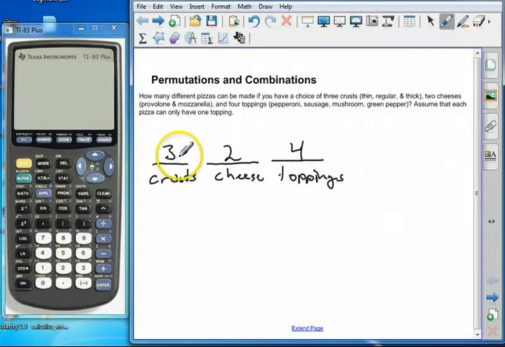Now if I take one of these, it can work with either one of these 2 cheeses, and either of these cheeses can work with any one of these 4 toppings. So what we're going to have to do to get our total number of choices is multiply all of these together, and so we end up with a total number of 24 different pizzas.